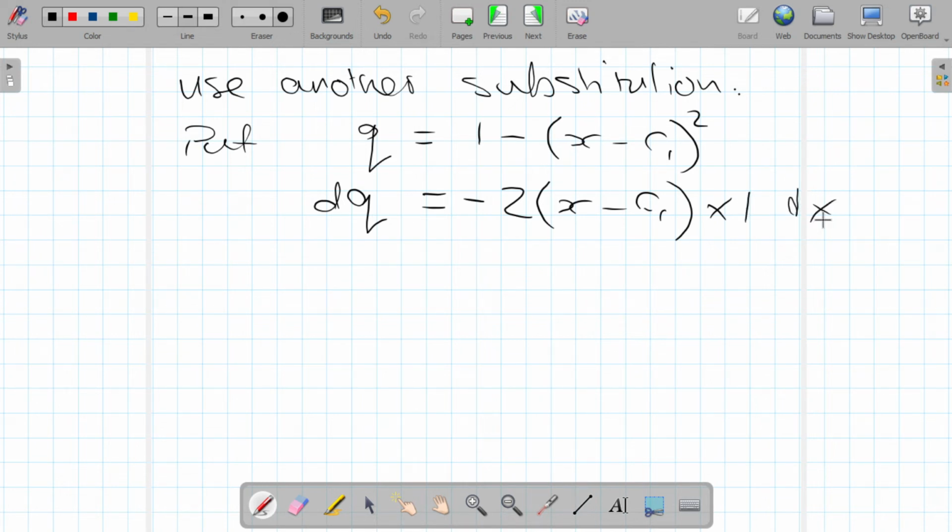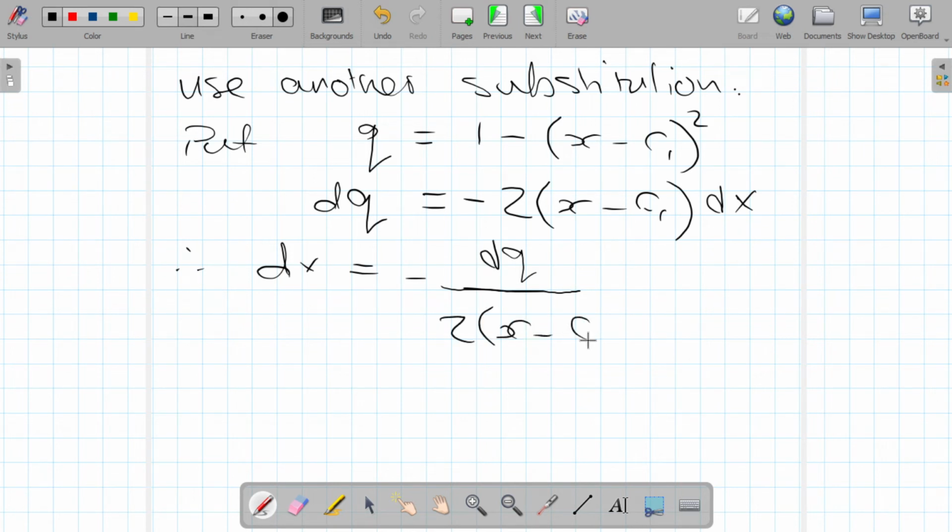But we don't need to put that term 1 in there. We can just write down straight away dx. So we've got dq equals minus 2 times, in brackets, x minus c1 dx. And this means dx equals dq, in fact it's minus dq, all divided by 2 times x minus c1. There we are. Does that look legible? I think that will hopefully be okay.